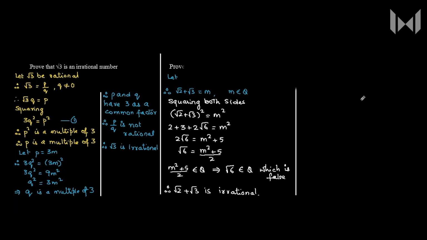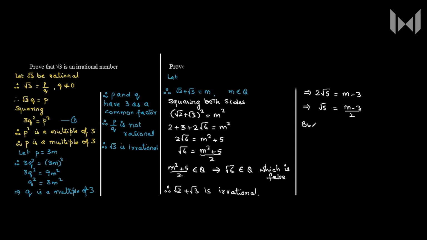In the next one, it's a very simple one. It can be done straight away. So let 3 plus 2 root 5 is equal to m, where m belongs to the set of rational numbers. This implies 2 root 5 is equal to m minus 3, and that implies root 5 is equal to m minus 3 upon 2.